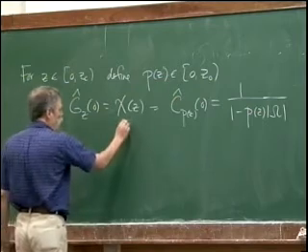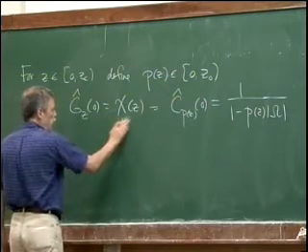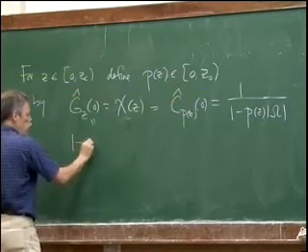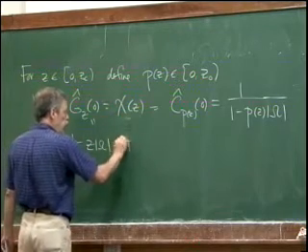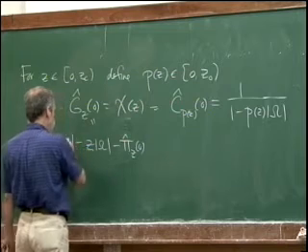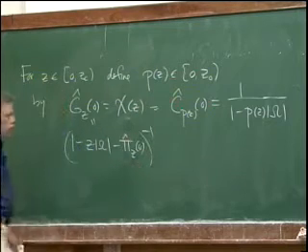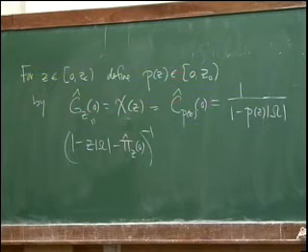On the other hand, this chi, or g hat of 0 for that matter, is 1 minus z omega minus pi hat z reciprocal. So we can write a formula for this p in terms of pi.